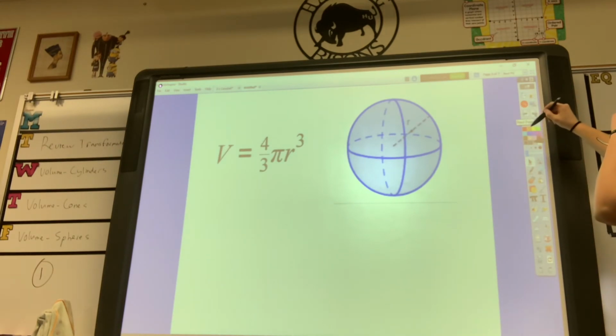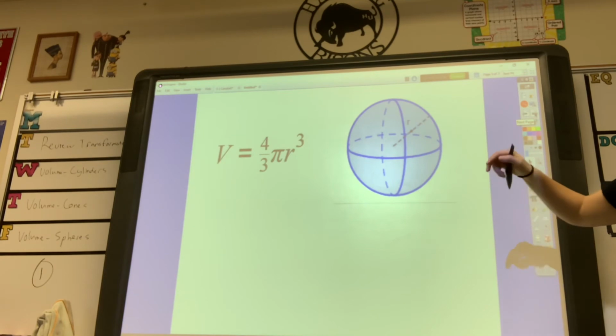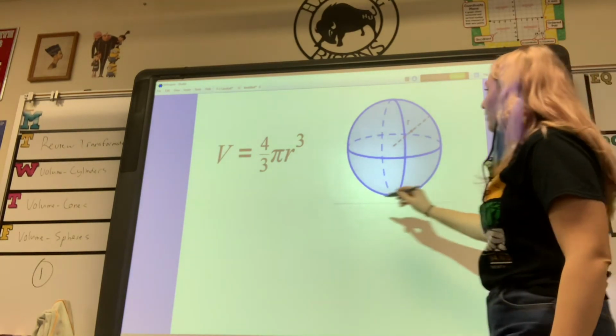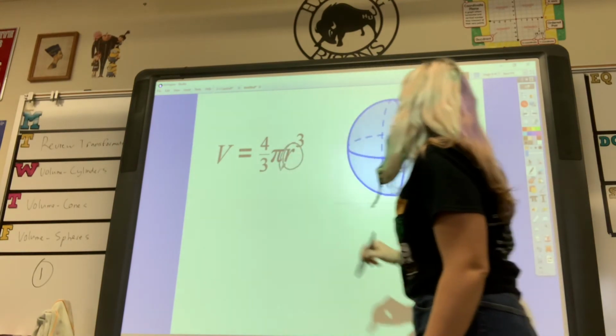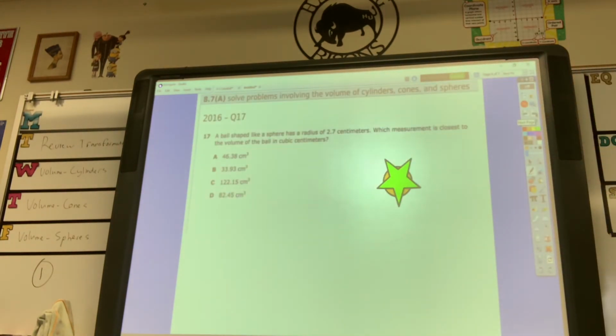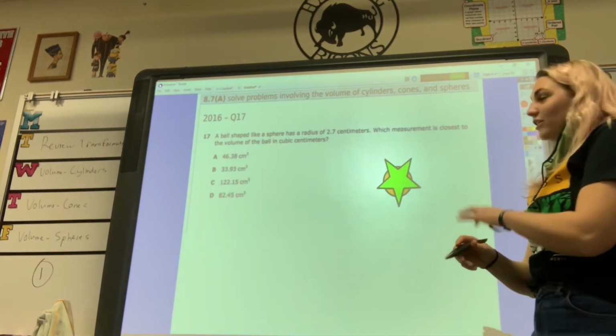So again, you're not going to be given a height like in the other volume formulas. The only unknown that you'll have to find is the radius. And so we're going to look at one STAAR example. So they always like to make things a little wordy.